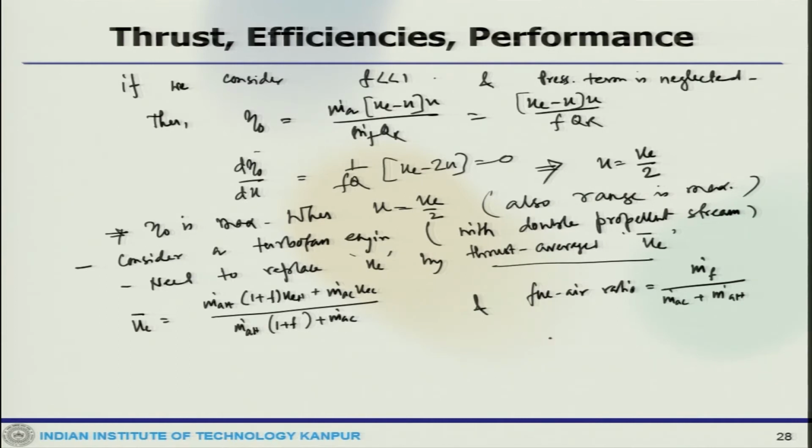So, this can be written as m dot f by m dot a h times (1 plus m dot a c by m dot a h), f by 1 plus the bypass ratio.